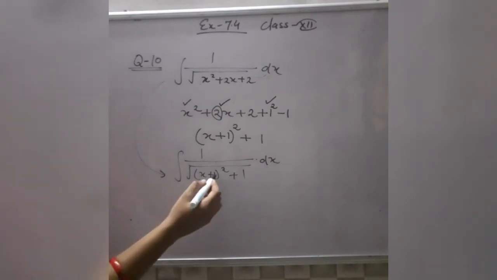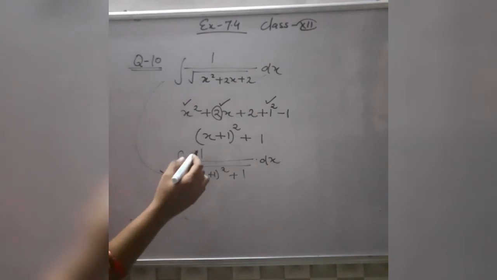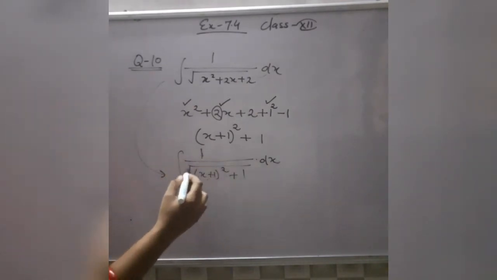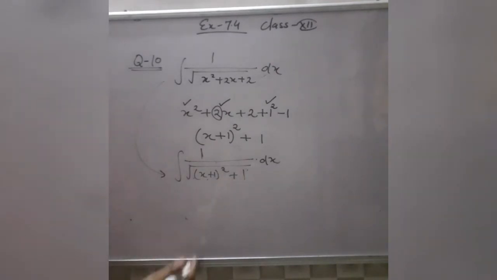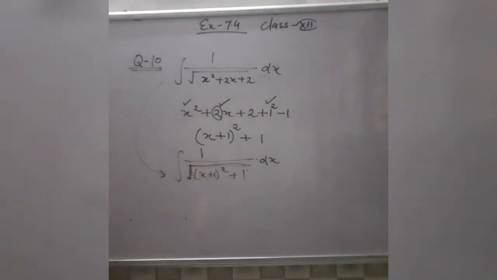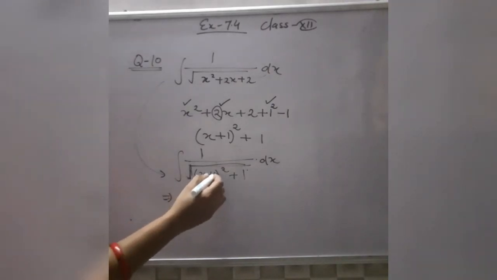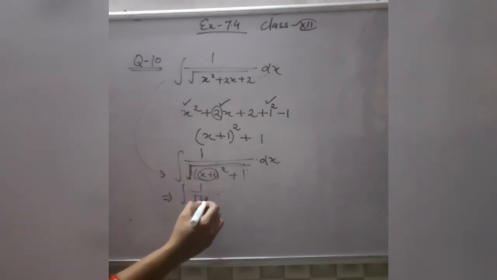Now if you put x plus 1 equals t, it becomes dt, or directly you can use the form of 1 by root x square plus a square. So what is the formula of integration of 1 by root x square plus 1 square? This equals log, if you put x plus 1 equals t here, it becomes 1 by root t square plus 1.